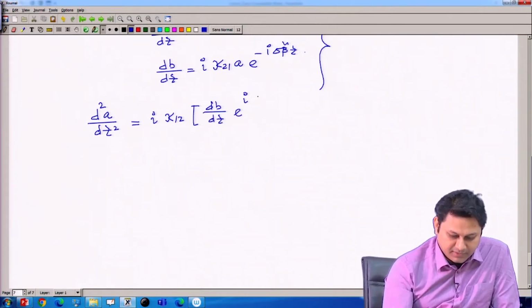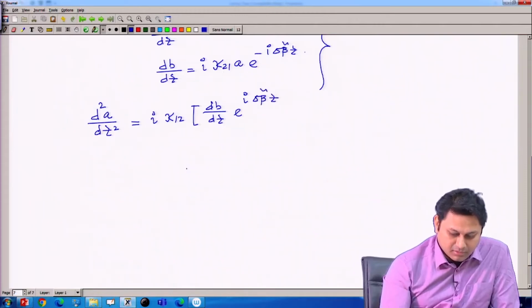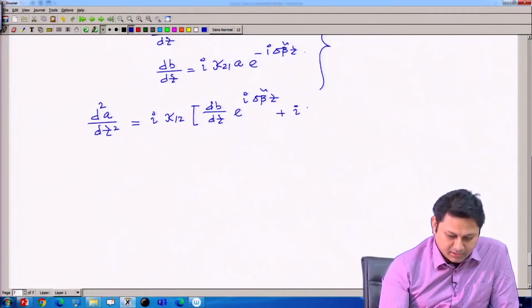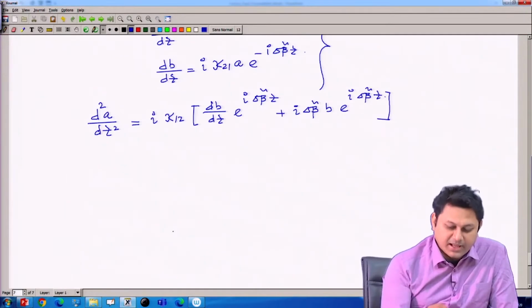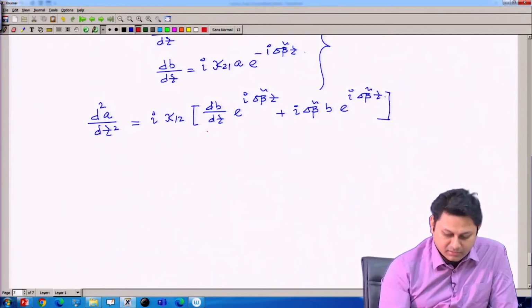I simply make a derivative of the first equation and I am having this. This is a standard way to decouple this kind of equations. Now after making the derivative, I have this term in my hand.